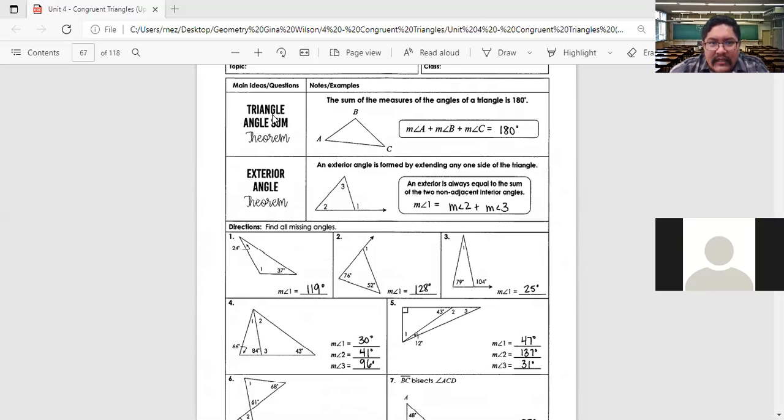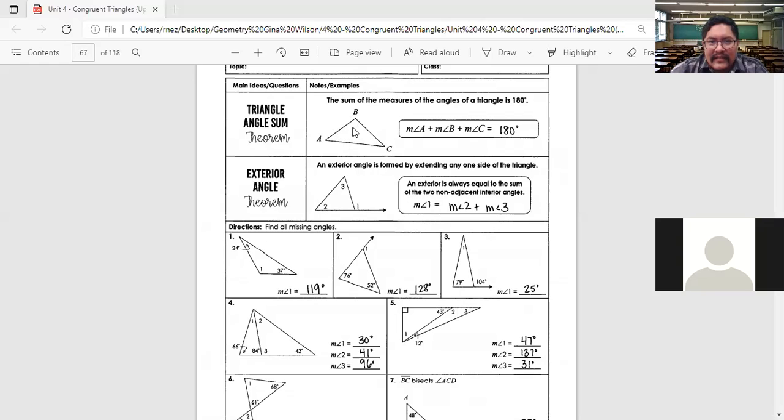All right, so triangle sum theorem. Now I mentioned this one last week. Well, it was actually just like the last lesson or 2 lessons ago even. We were talking about the triangles and how the inside adds up to 180 degrees. Now we didn't actually cover this, but I did kind of mention it, right?